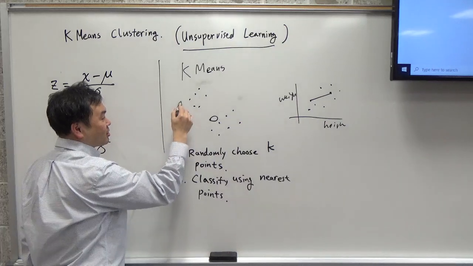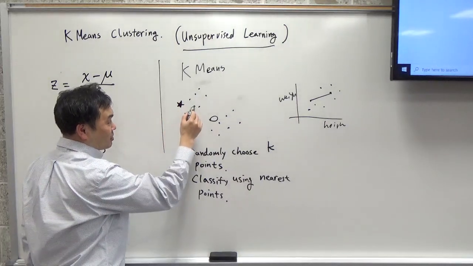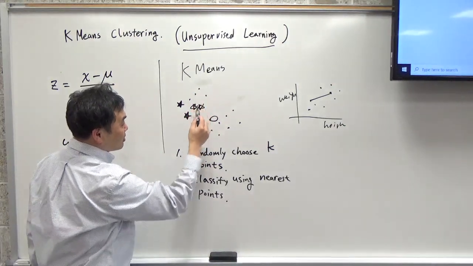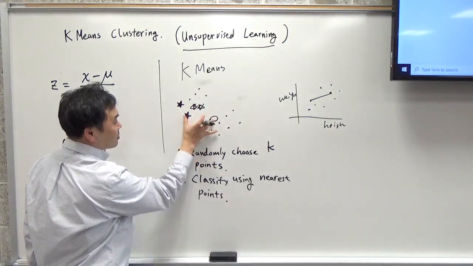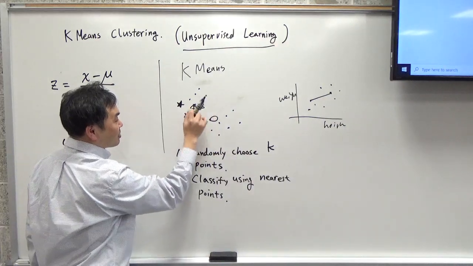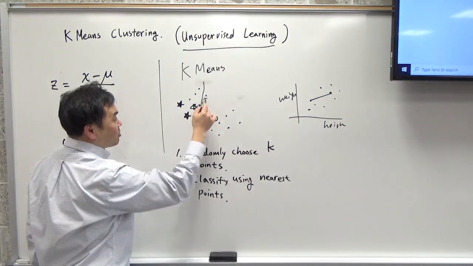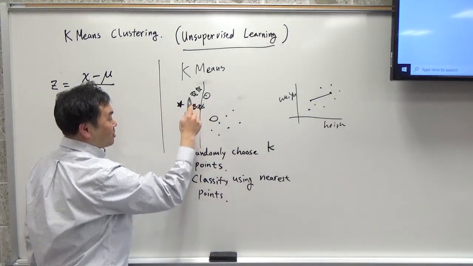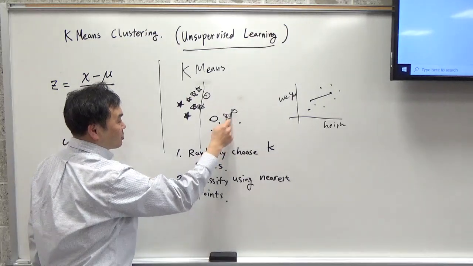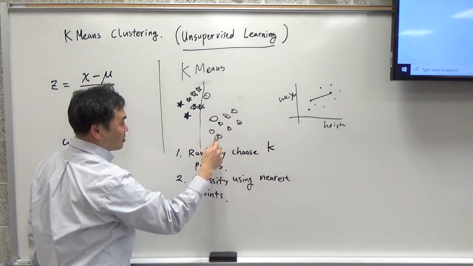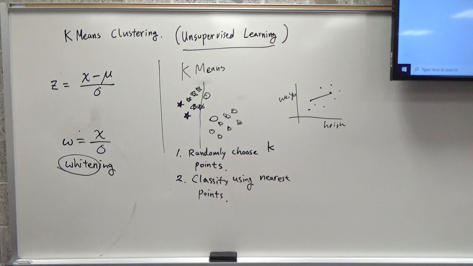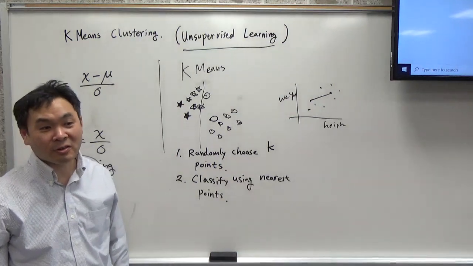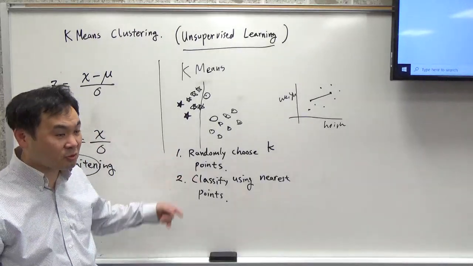So this is going to be classified as a star. This one too, star, star. And basically, you can think about the perpendicular bisector somewhere here, so that this one will be a circle, and then the ones on this side will be stars, right? And these will be circles. So you do this, and of course this is not the correct clustering, right? So you have to do this procedure again.